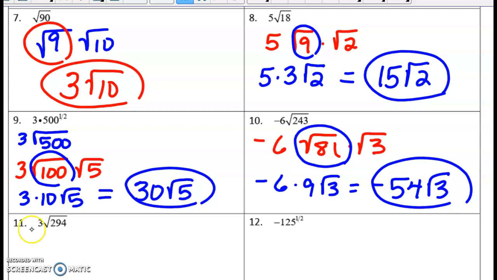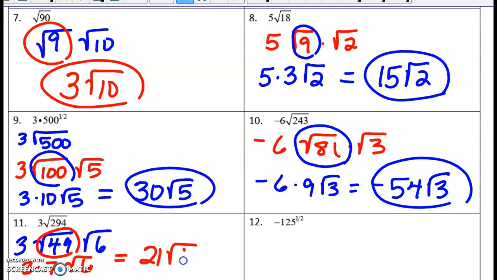Yep. So again, I had to use my calculator because I wasn't really sure what divides into 294. And 49 does go in 6 times. So the square root of 49 is 7. So it would be 3 times 7, square root of 6. So that's going to be 21 root 6. If I say square root or radical, they all mean the same thing.